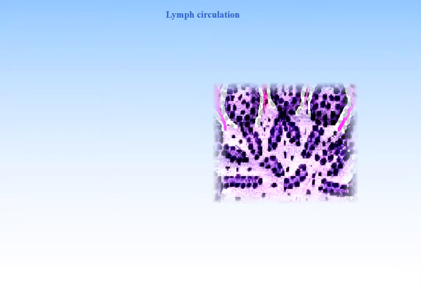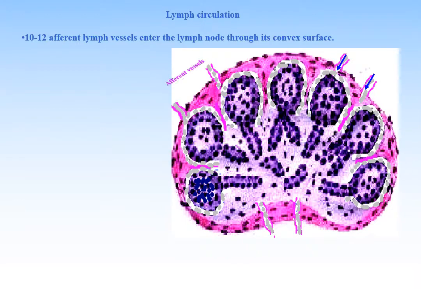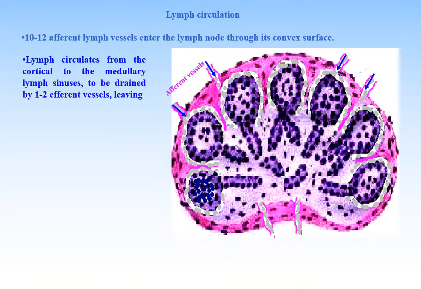Lymph circulation in lymph node. About 10 to 12 afferent lymphatic vessels enter the lymph node through its convex surface. Lymph circulates from the cortical to the medullary lymph sinuses to be drained by about 1 to 2 efferent lymphatic vessels, leaving at the hilum.